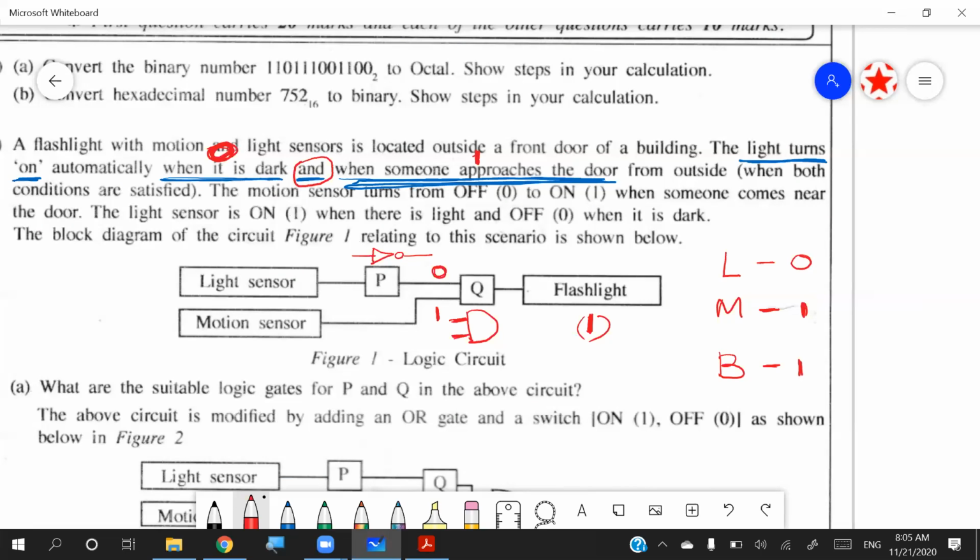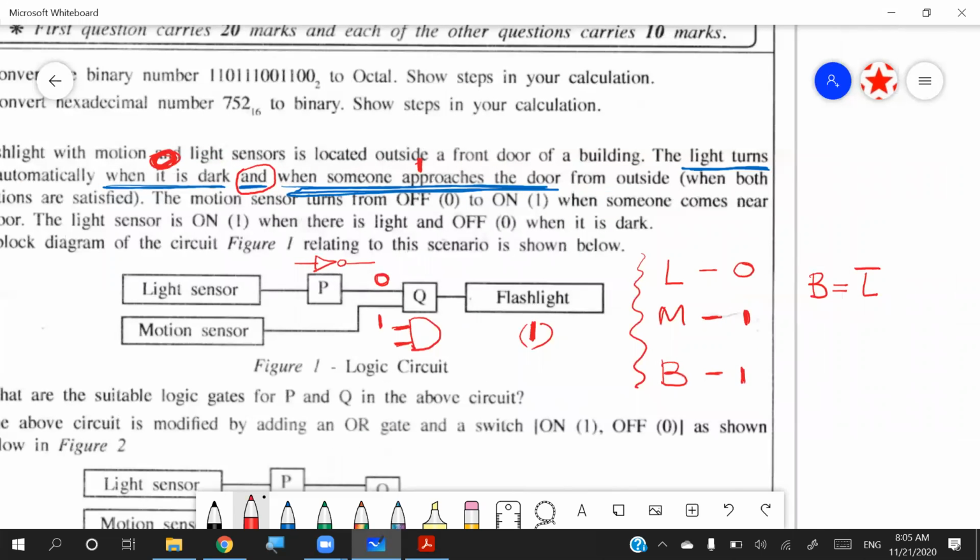So you can write B equals L bar and M: L should be 0, which means L bar should be there, and M should be 1, so M should be there as it is. These two things should happen together, so that means AND is there, right?